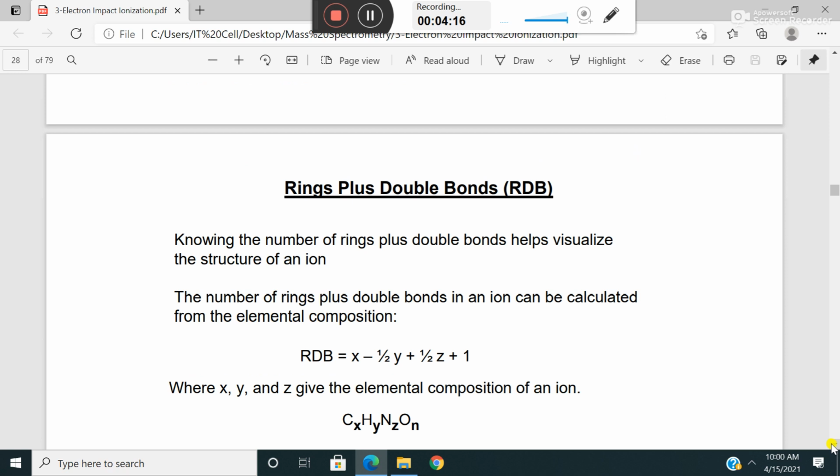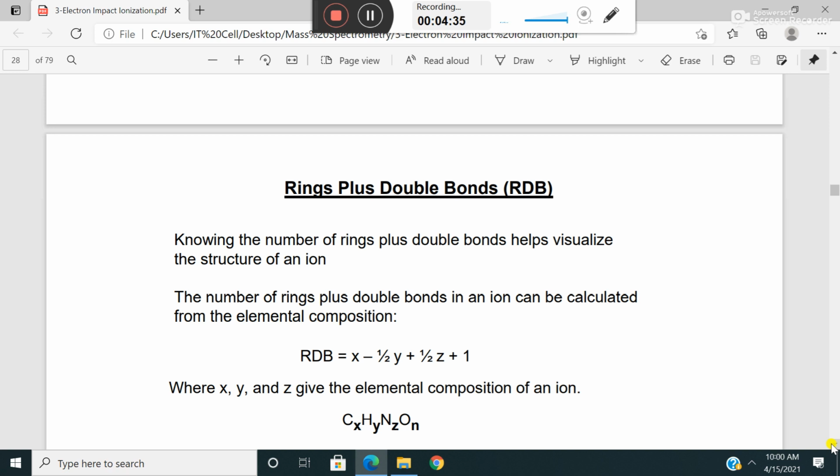Now, here is an interesting thing coming for you: how you will be able to calculate whether, because we don't know about our compounds and we want to make a clever guess about how many rings and double bonds would be in our compounds. So what can we do for that?